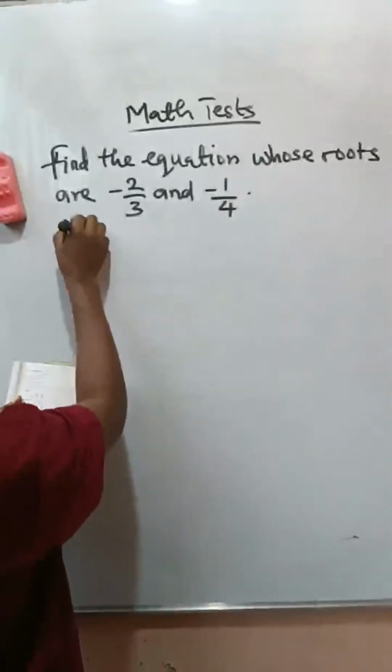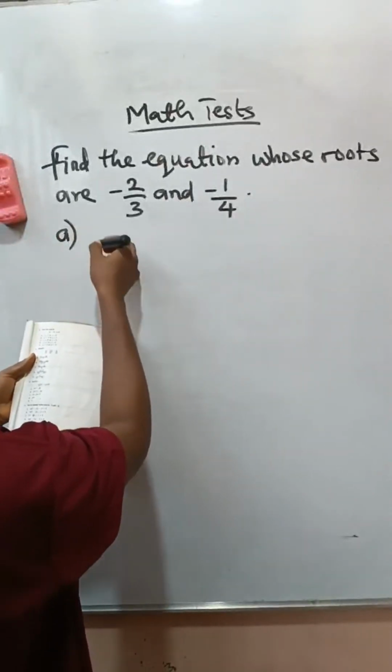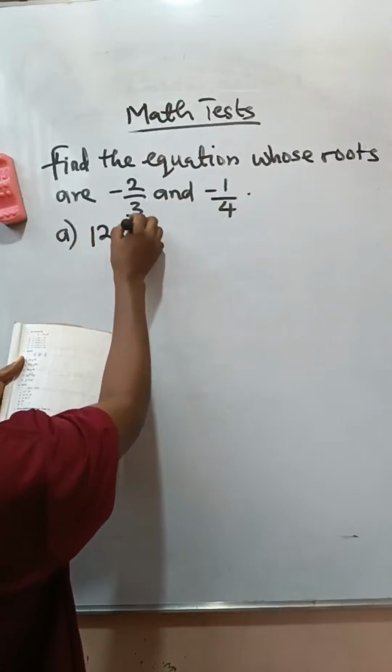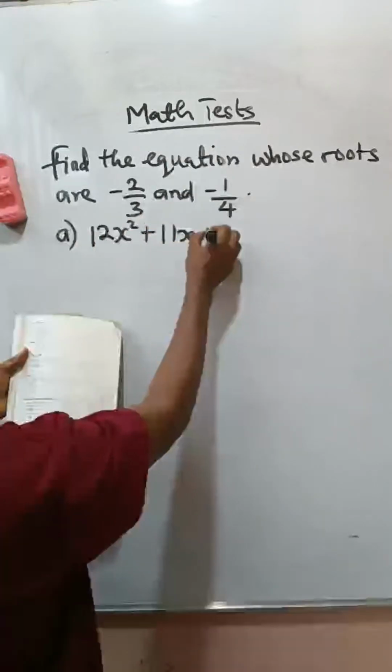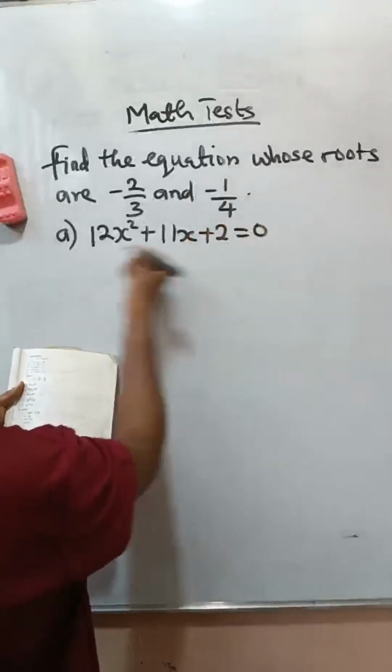And we have option A. Option A is 12x squared plus 11x plus 2 equals 0.